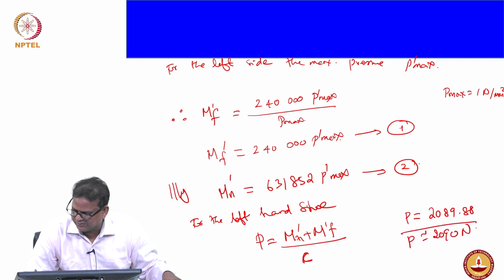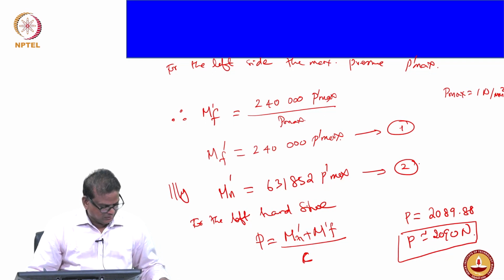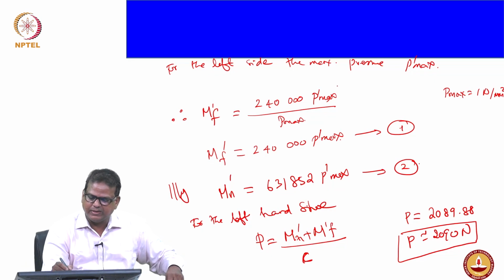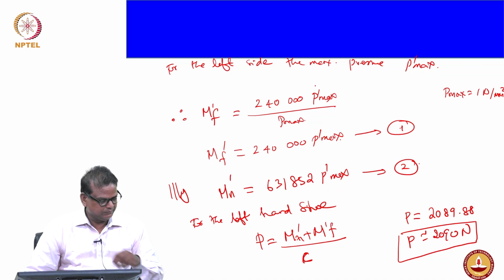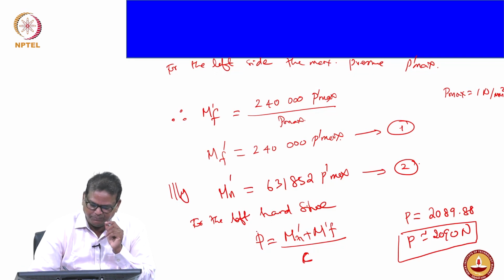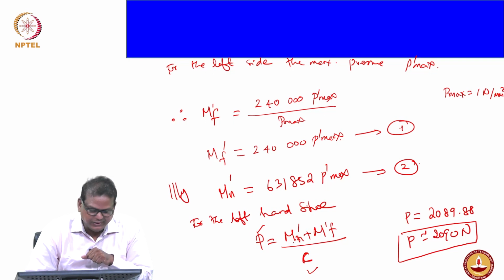The activation force is given, so we already have that. So what will be the new P max dash? How will you find it out now? We know the P value, we know the C value. Then how can you find out MF and MF dash or Mn dash? That's my question.